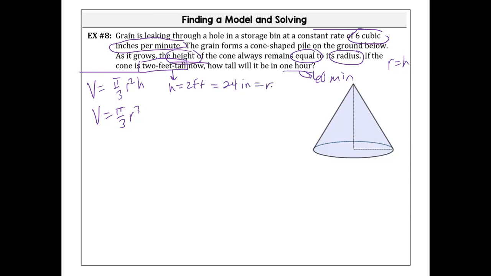And h also equals our r. Agree? So we have v equals pi over 3 times 24 to the third. So right now I can calculate the current volume. We're going to leave it in terms of pi. So we're doing 24 to the third divided by 3.